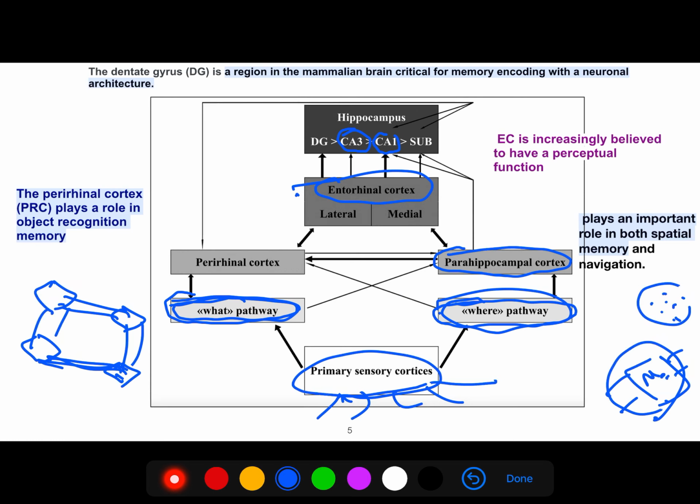And there is a dentate gyrus as well. This dentate gyrus is a region in the mammalian brain, human brain, for example, critical for memory encoding with a neuronal architecture. So it encodes our memory.